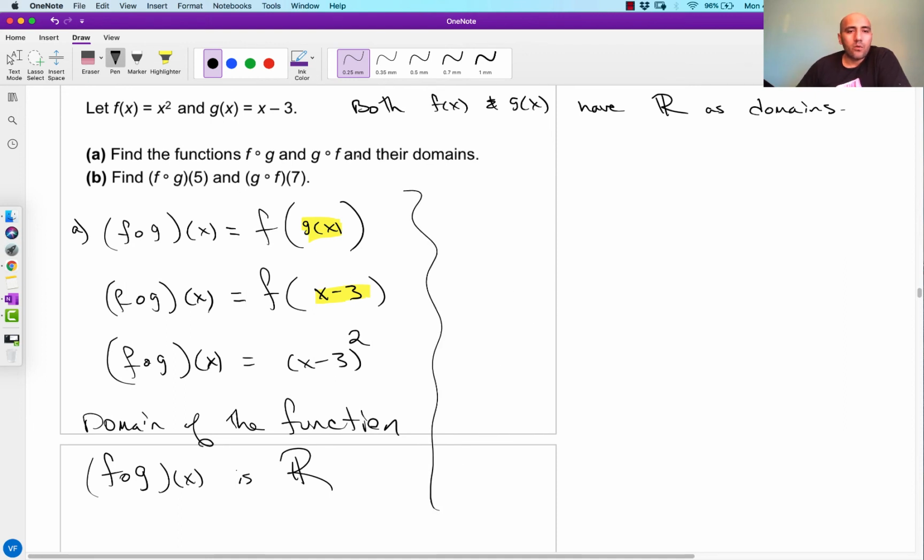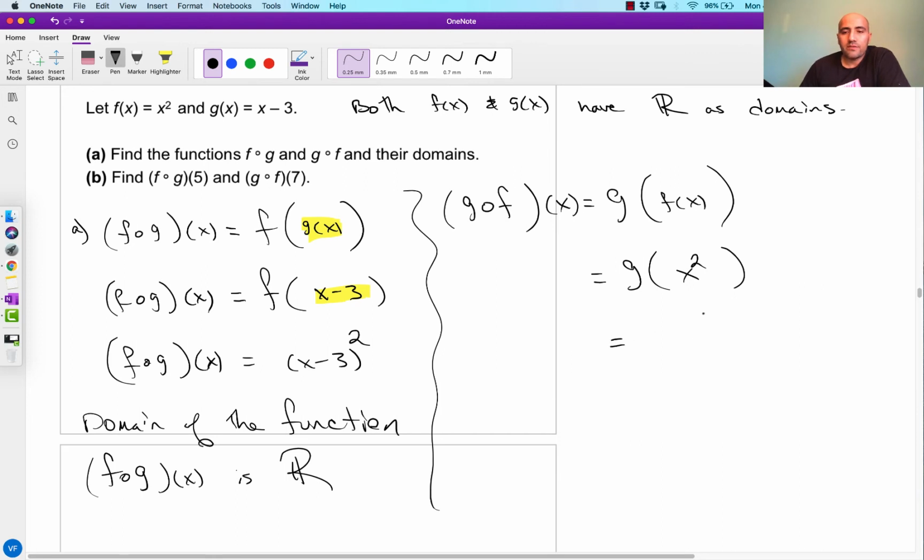Okay, what about this one? We have g composed with f, right? So it's almost the same, except we flip around the g and the f. This one is defined to be g evaluated at f of x, which means it's g evaluated at x squared, which means the g tells you whatever the input is, subtract 3.